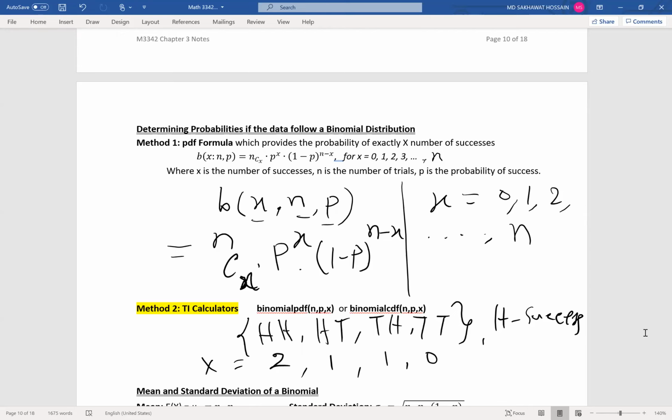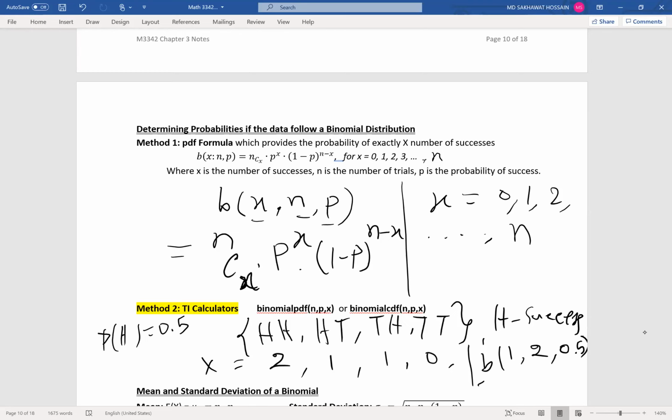In this case, you want to get X successes, and N is the total number of trials. How many times did you flip the coin? Twice. And for example, if the probability of getting a head is 0.5, then P will be 0.5.